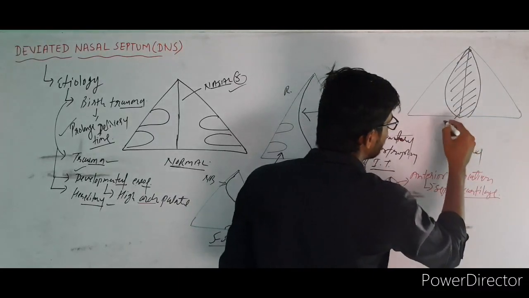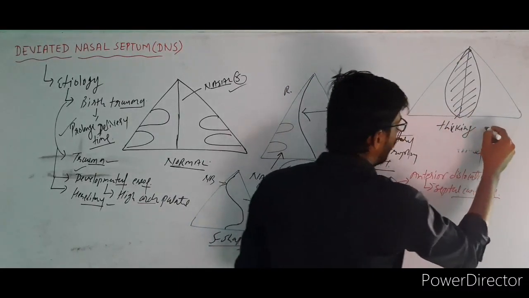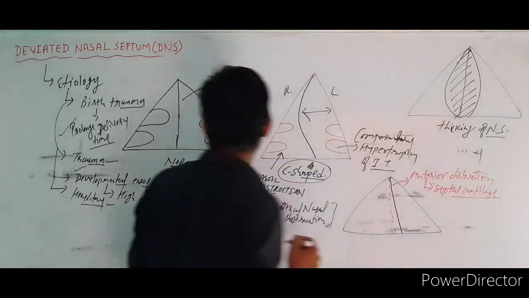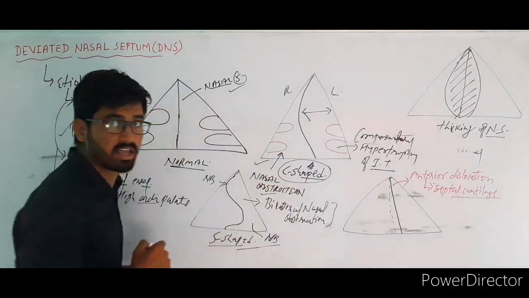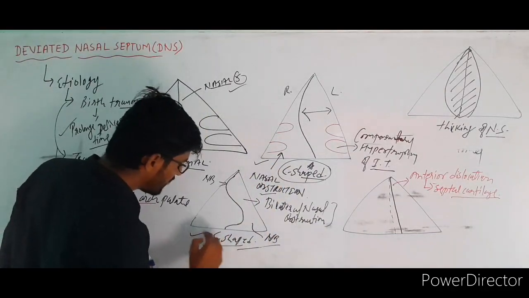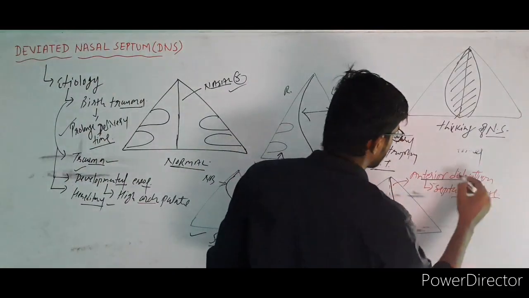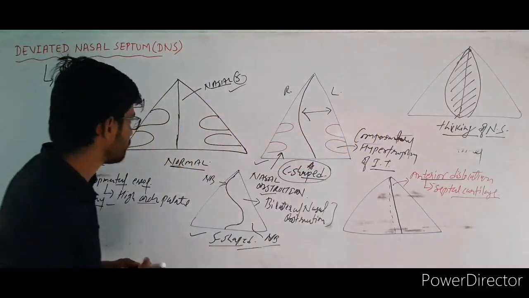This is the thickening of the nasal septum. So what we have seen so far: here is the C shape, here is the S shape, this is the anterior dislocation, and here is the thickening of the nasal septum.